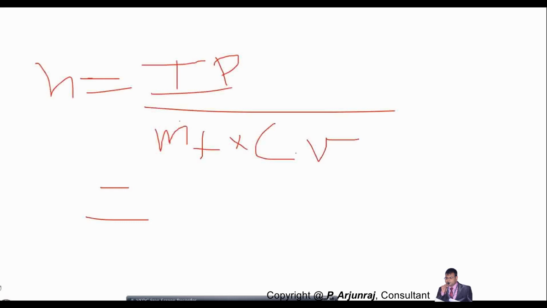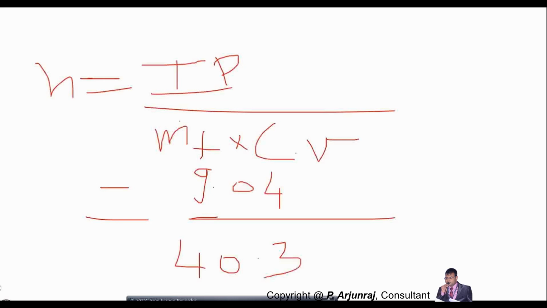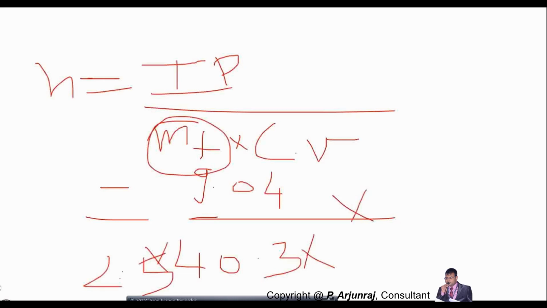We have calculated the indicated power, which is nothing but 9.04, divided by the calorific value of the fuel, which is 40.3 megajoules they have given, and the mass flow rate of the fuel, m dot f, they have given as 2.5. So indicated power is 9.04, divided by 2.5 into 40.3, into 100%.